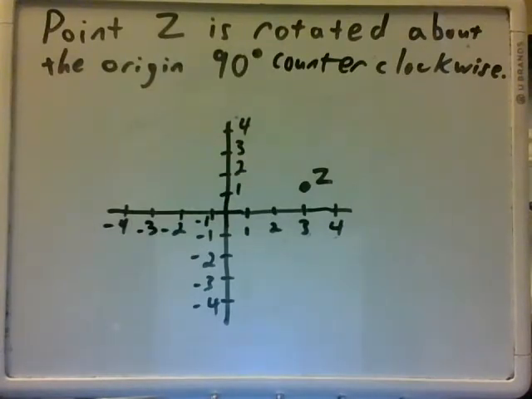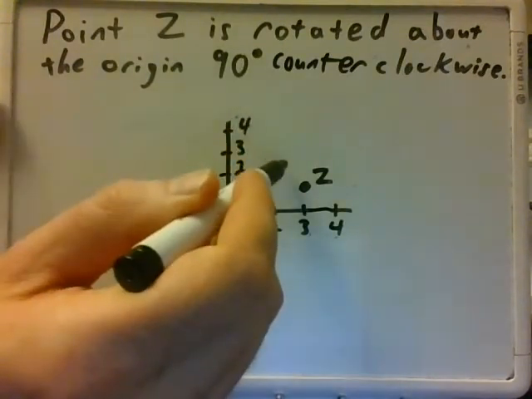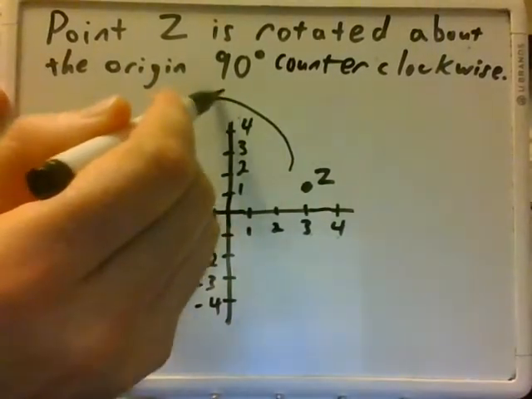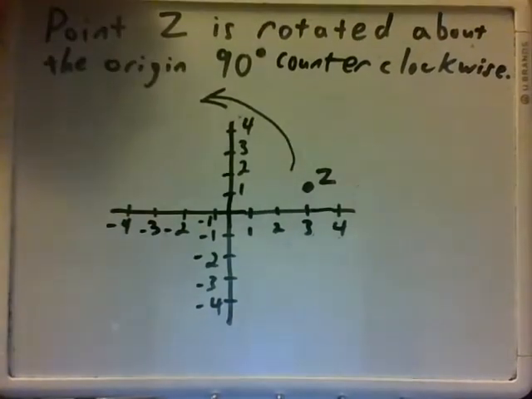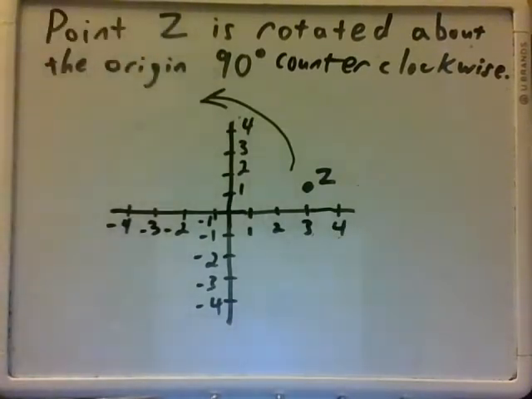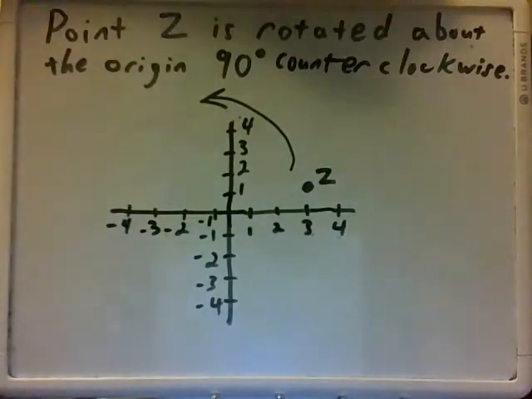Hopefully you said it's going to be going this way, because that's counterclockwise. So if it's going that way, what I want to do is turn that way. Okay, so I'm just going to turn my whole paper, or in my case, the whole board, to the left. So I'm going to turn this one whole way to the left.